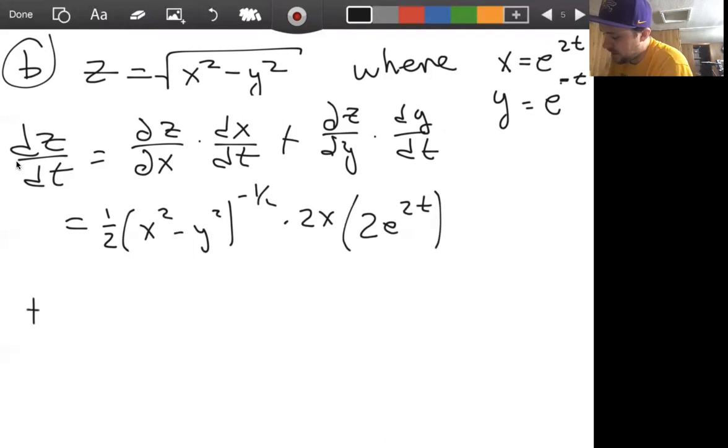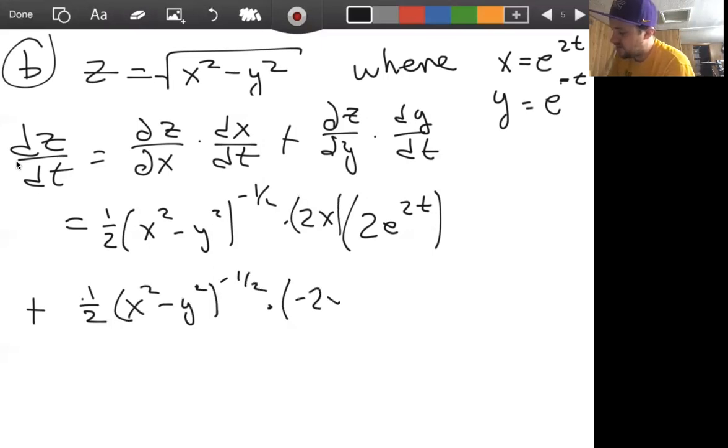And then this plus partial z partial y, which is 1/2 x squared minus y squared to the negative 1/2 times negative 2y, and then times e to the negative t.